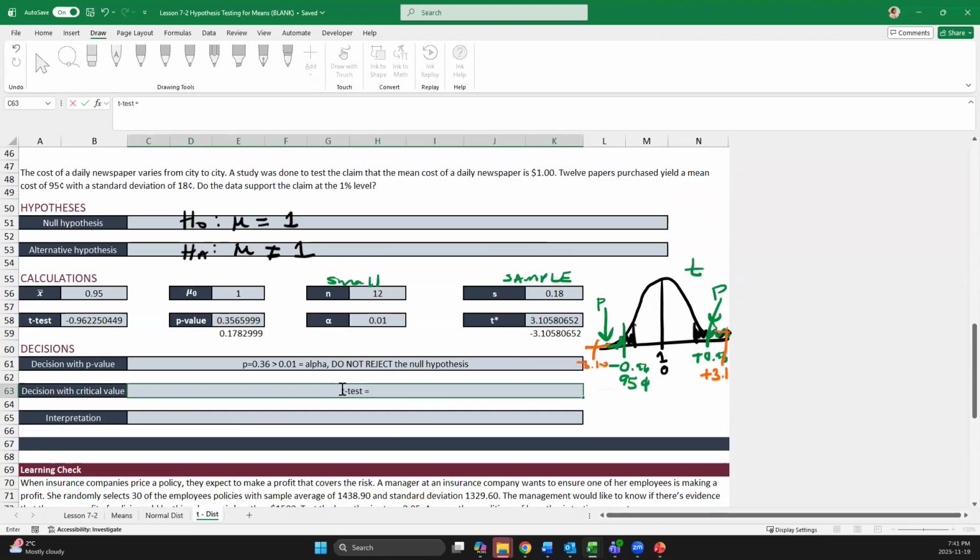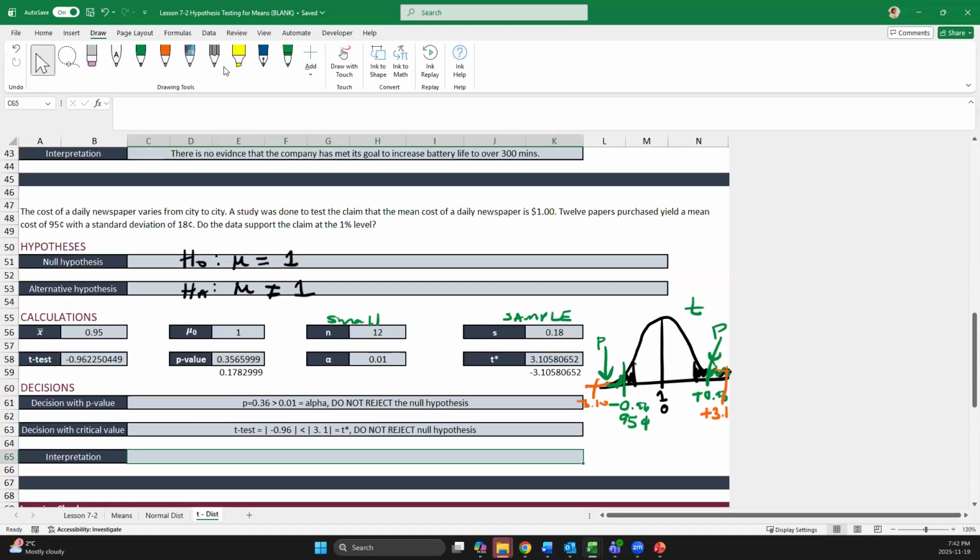If you want to use the critical value to make a decision, the negative 1.96, or if you look at the absolute value of it, so again, don't worry about the negatives. 0.96 is definitely less than the 3.1 from the t star value. And we can only reject if t test is bigger than t star. But in this case, t test is smaller than t star, so we do not reject.